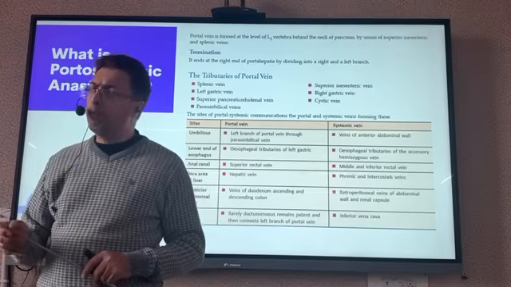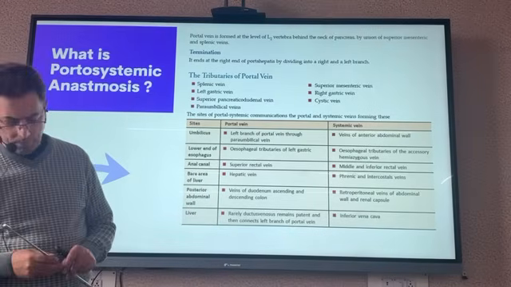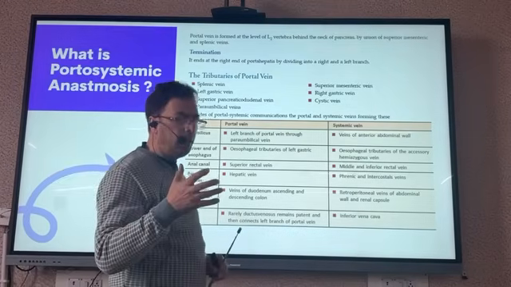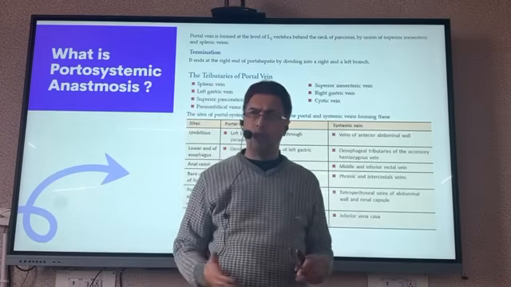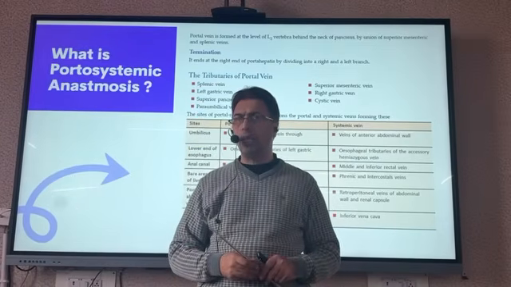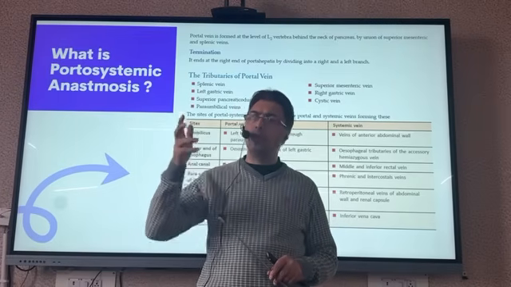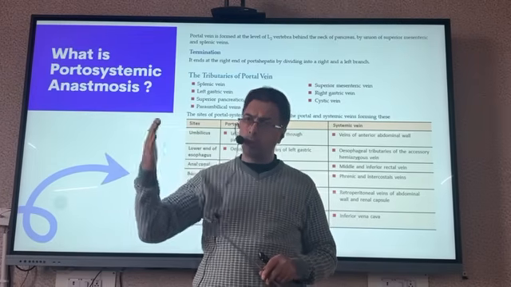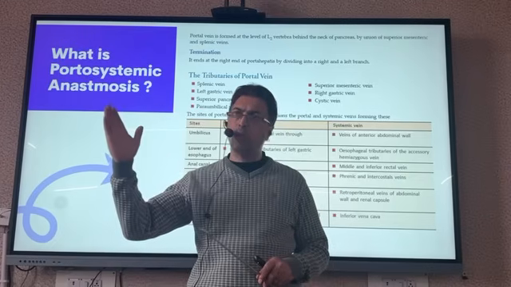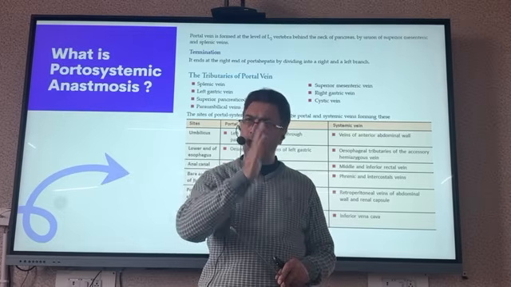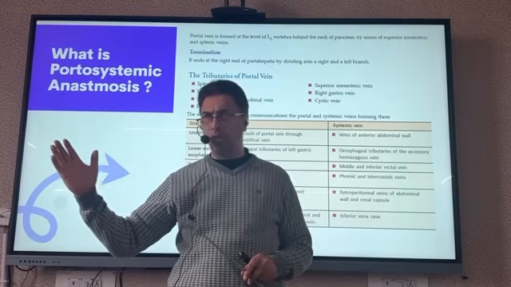Now, what is important about the portal vein is that this portal vein, though it is a system in itself, has got anastomosis with the systemic veins. So the systemic veins, what are systemic veins? They are the veins other than the portal venous system.